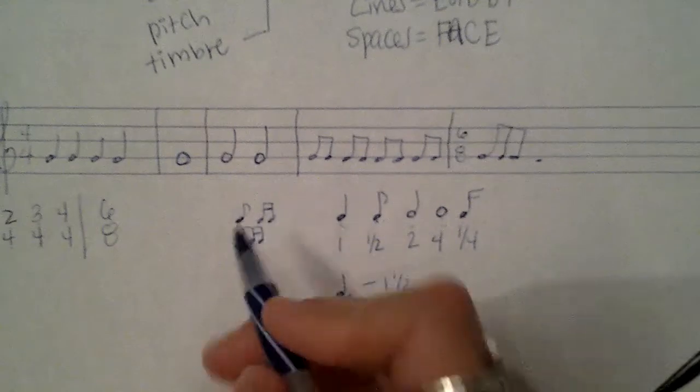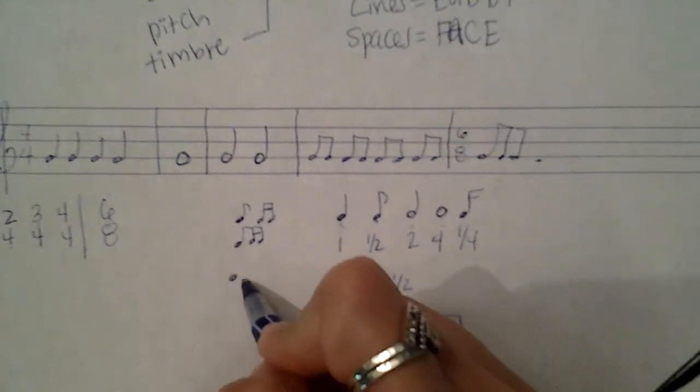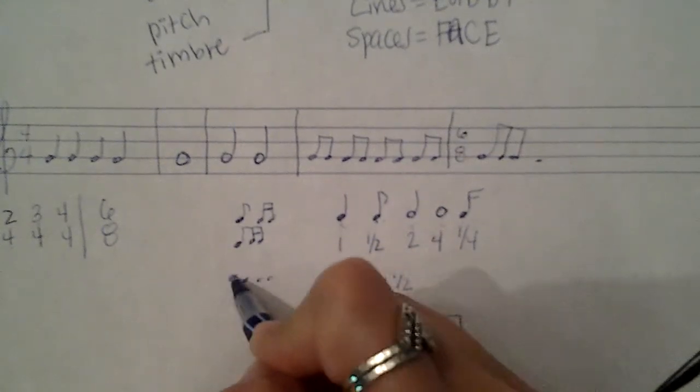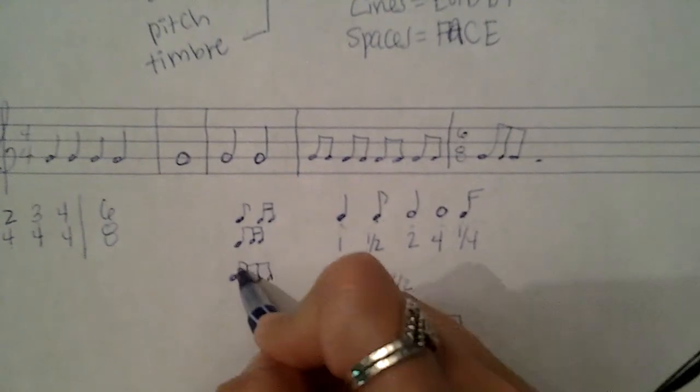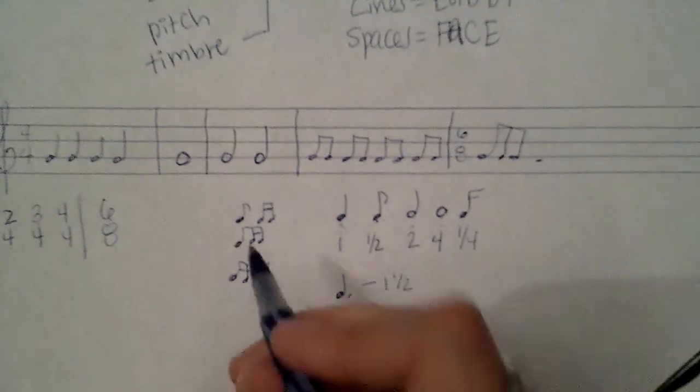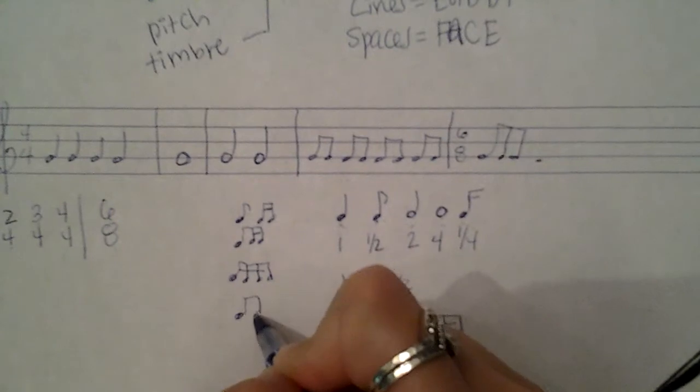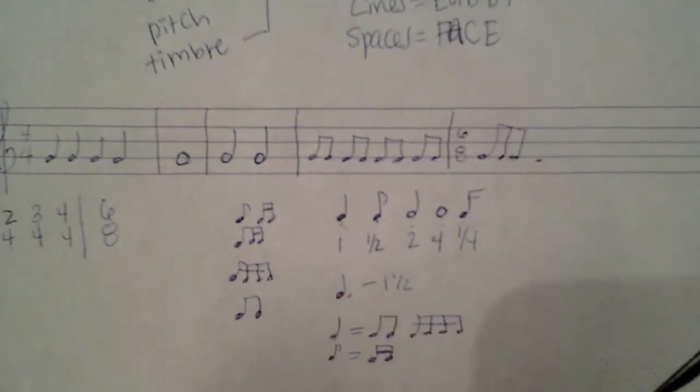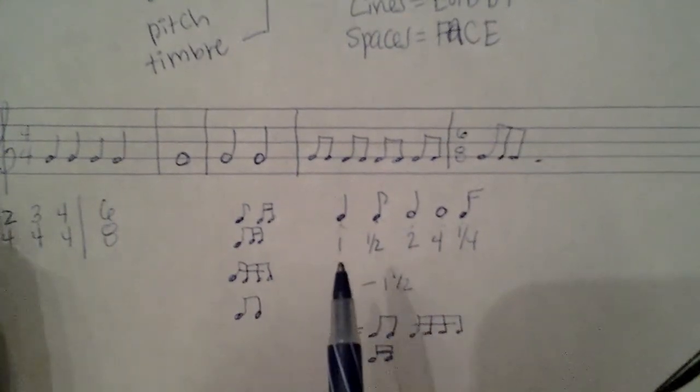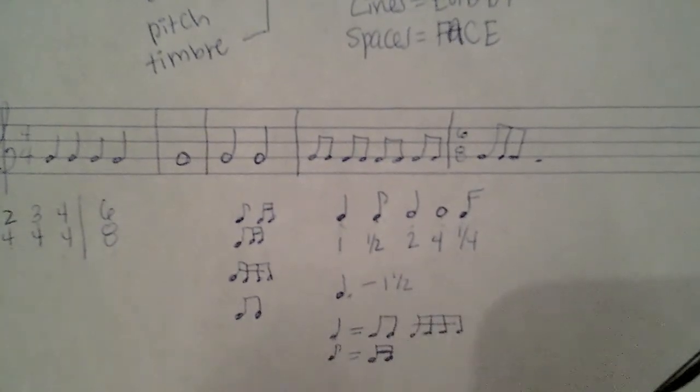That's one of the weird beamings. The other ones are pretty simple, like for example, if we have 4 16th notes, right, they're all going to be beamed together, and then the 2 8th notes are going to be beamed together. Okay, so you beam based on the beat, okay? Each 1 beat gets beamed together.